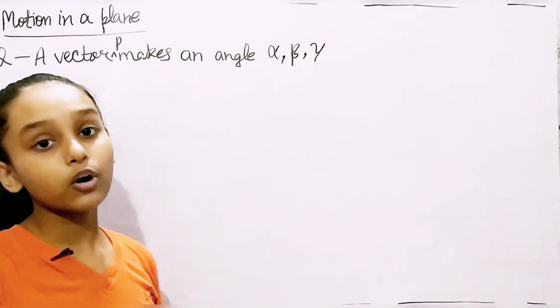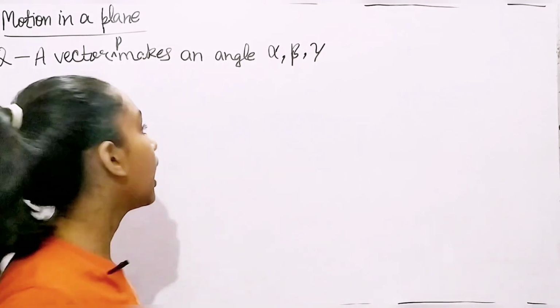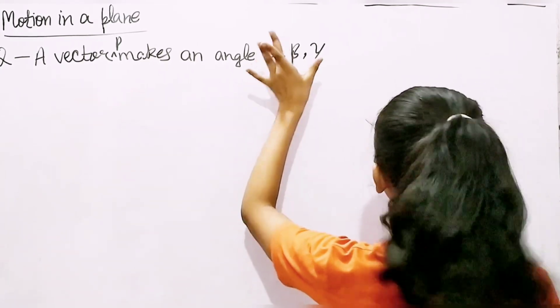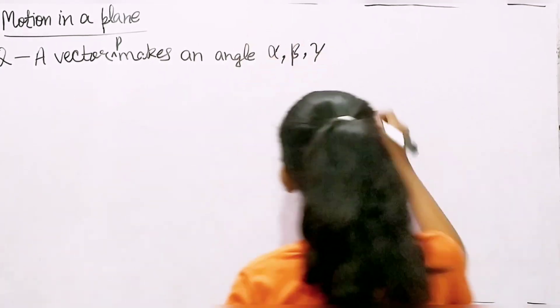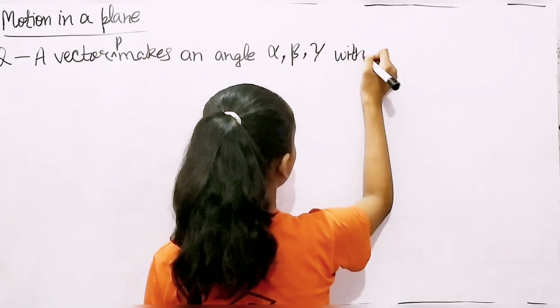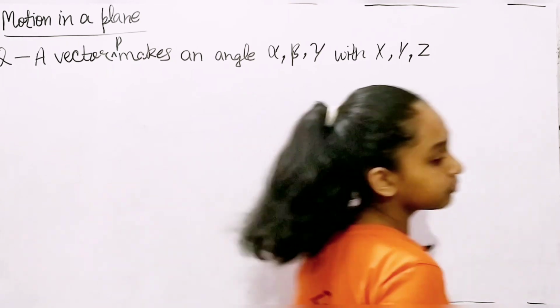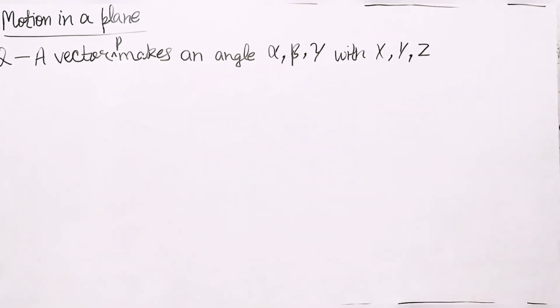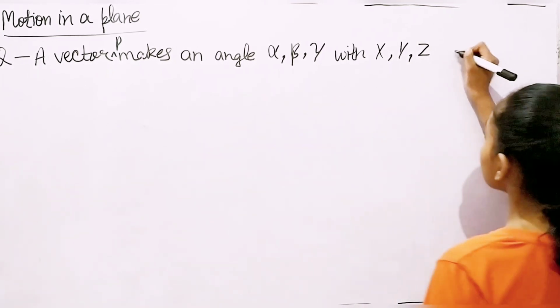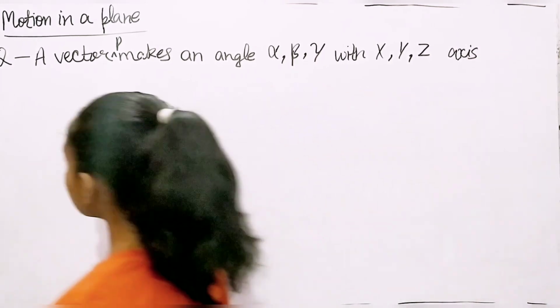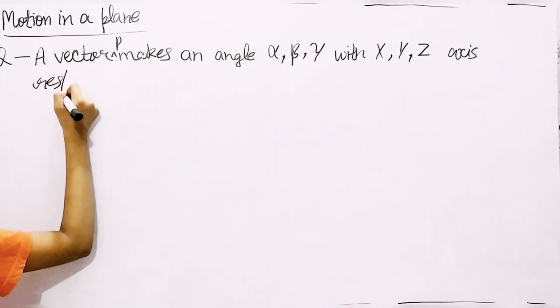Now the axes are also given to us, and they are x, y, and z. So a vector P makes angles alpha, beta, and gamma with the axes x, y, and z respectively. Got it? Axes respectively.